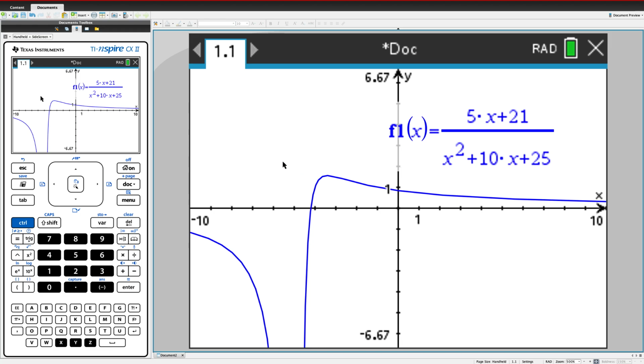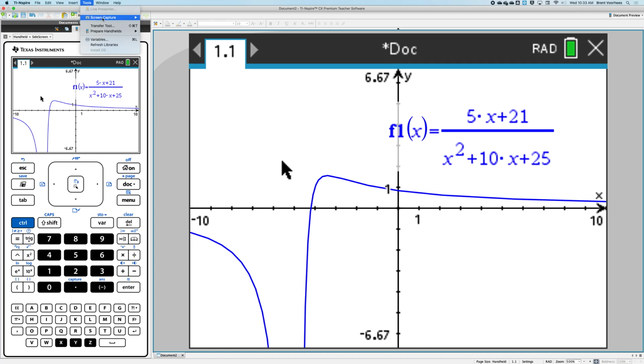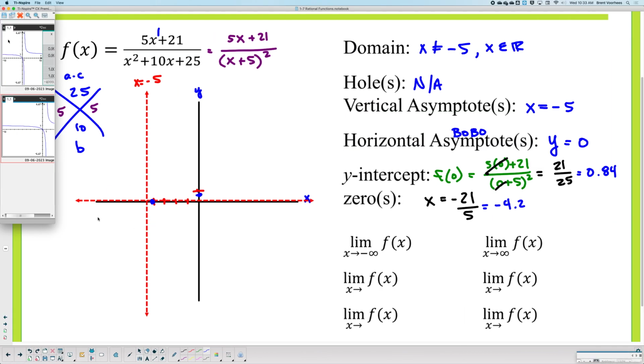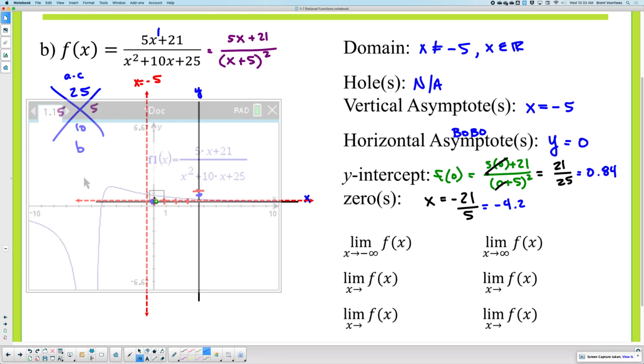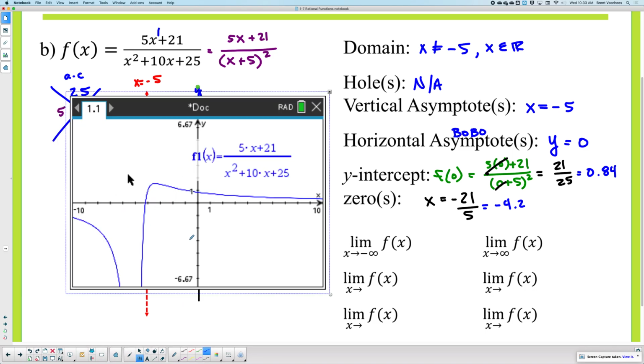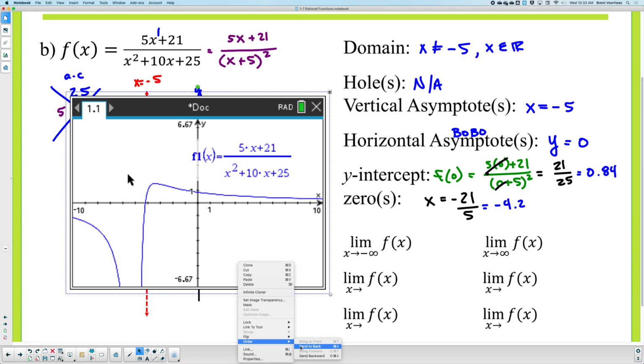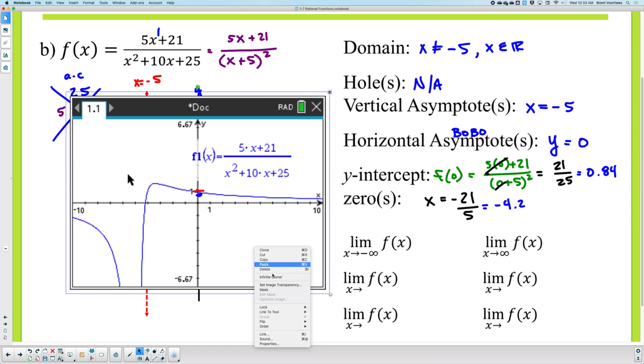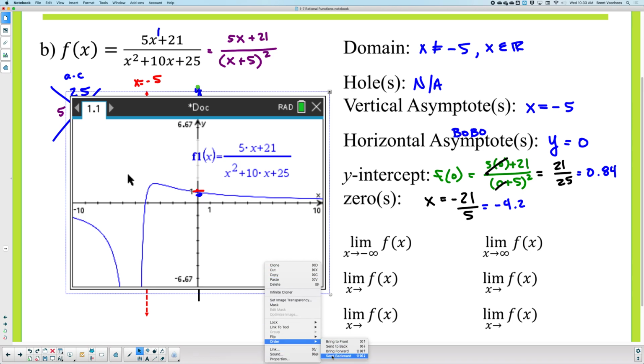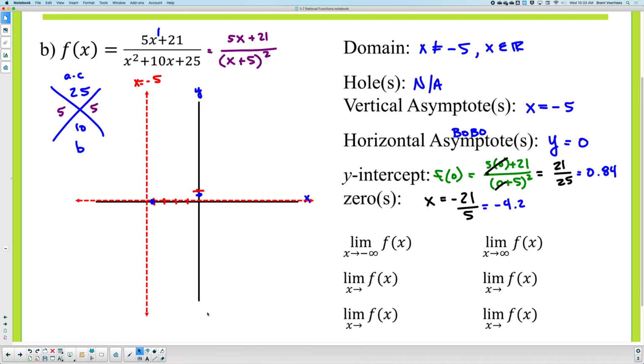I'm just going to graph that in there like this. That's how I should have done it. Order send backward. Will this work? I'm going to keep trying this. I might have to do this too many times. Because I think if I do it all the way to the back, it's going to disappear. Well, it's taking too long.